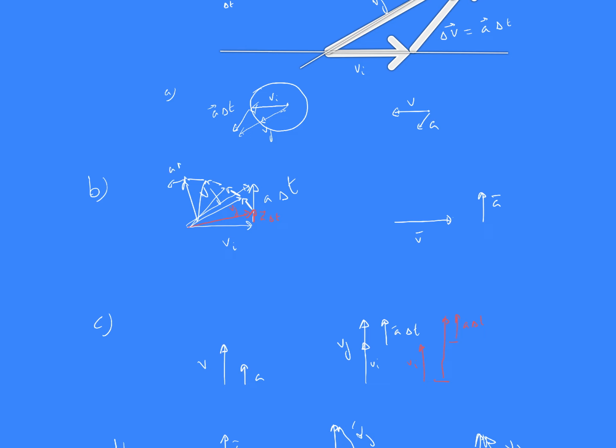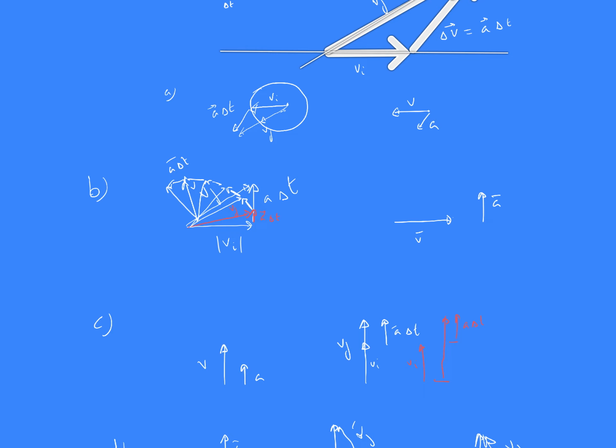If A by delta t is perpendicular to the final velocity, it will produce a new V that will not change its magnitude. The radius of this circle of magnitude Vi will be constant. And this is what is happening in circular motion.